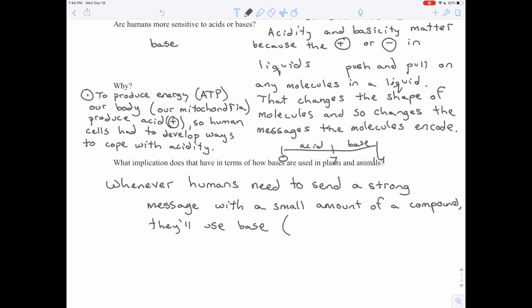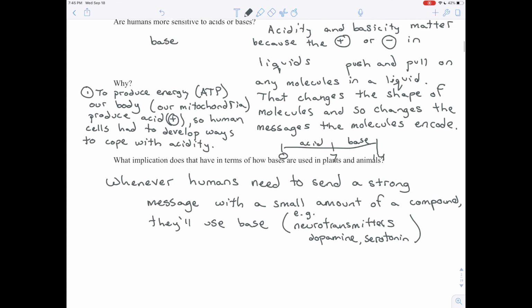So for example, neurotransmitters, like dopamine or serotonin. Those are bases. DNA is a molecule that contains very potent messages, and that's also a base. So that's an example, e.g.